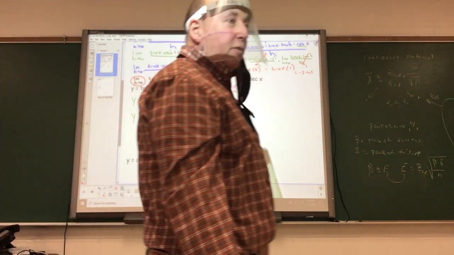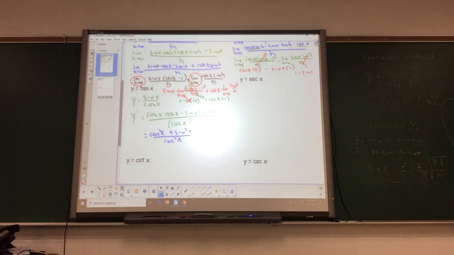Thinking back to another fond memory of trig class. Sine squared plus cosine squared is equal to what? Sine squared plus cosine squared is equal to the very fundamental first trig identity that we wrote down.